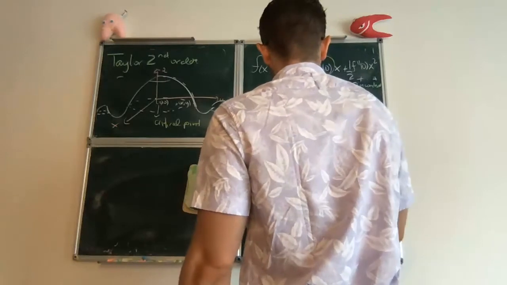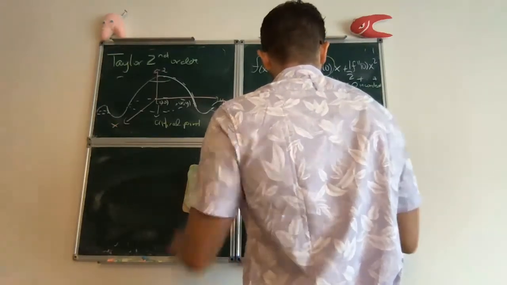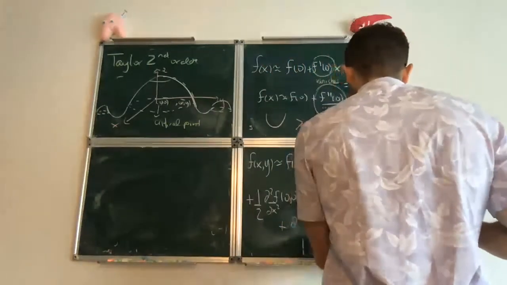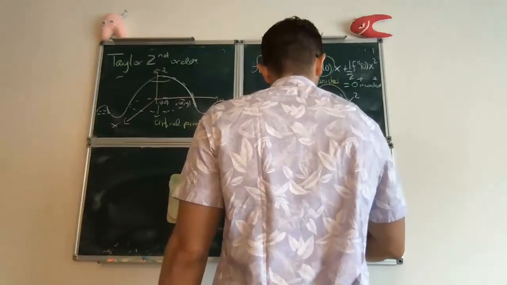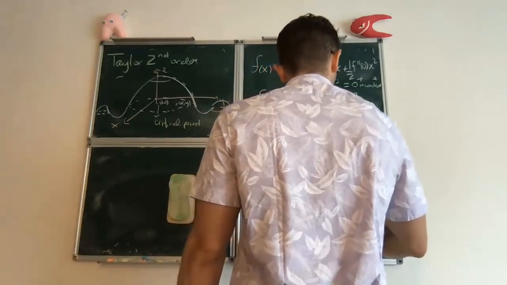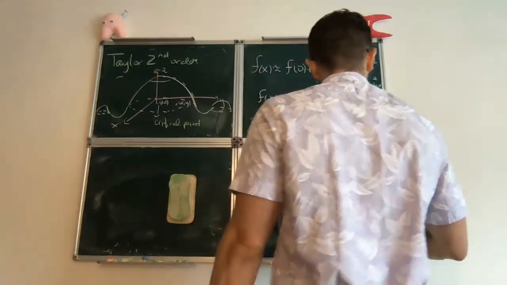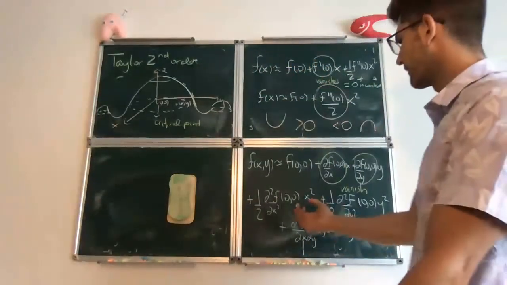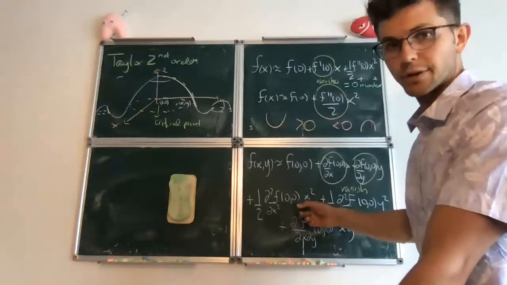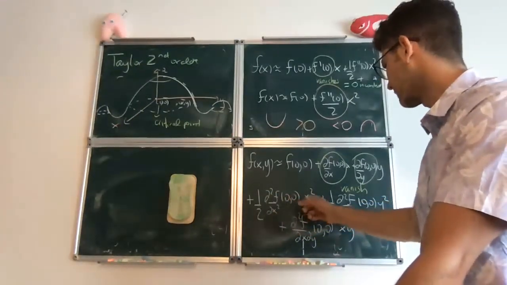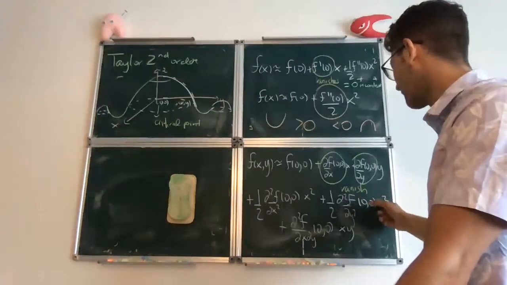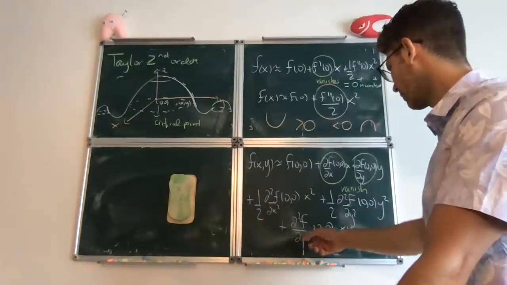And then, okay, so it's something regarding x related to x squared, right? So second partial derivative in x with x squared, second partial derivative in y with y squared, and then the mixed term with xy.